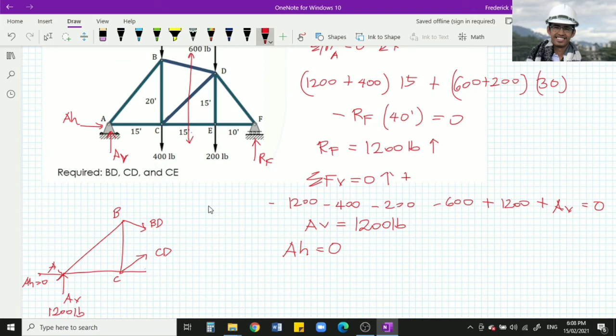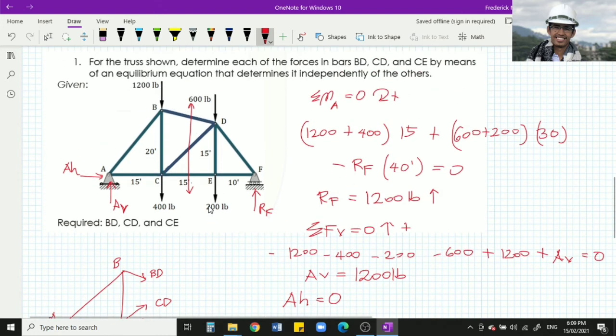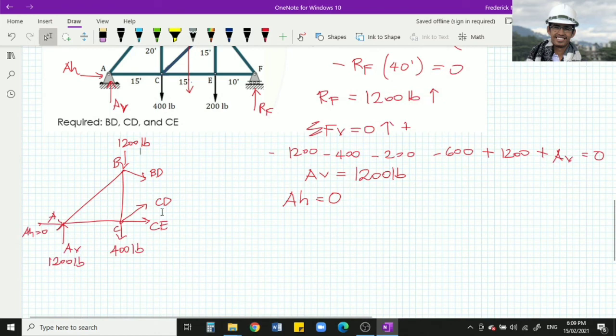And this will be CE. Okay. Yan. So, may force tayo na nag-act dito sa joint C. That is 400 pounds. And may force din tayo nag-act sa B. So, that will be 1,200 pounds. Okay. Now, solving for BD, CD, and CE.